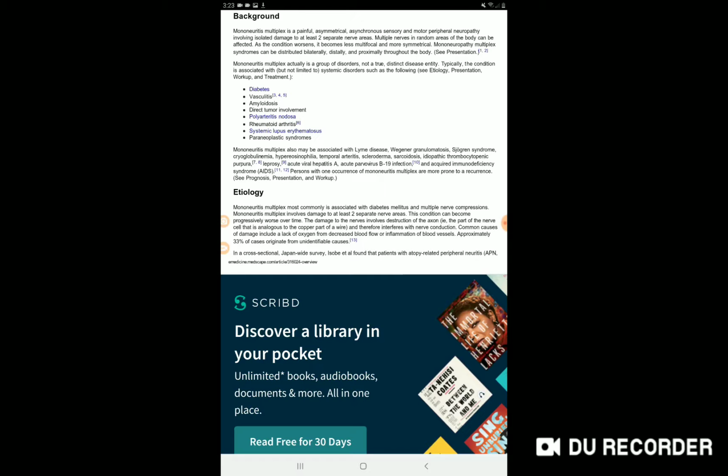One is vasculitis due to diabetes, rheumatoid arthritis, SLE, and another is infiltration by a paraneoplastic syndrome, amyloidosis or direct tumor involvement. This is the main focus here.